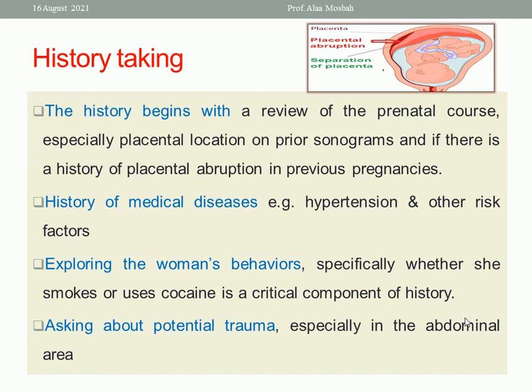History of medical disease like hypertension, preeclampsia, or other risk factors. Exploring the woman's behavior, especially whether she smokes or uses cocaine, is a critical component of history. Ask about potential trauma, especially in the abdominal area.